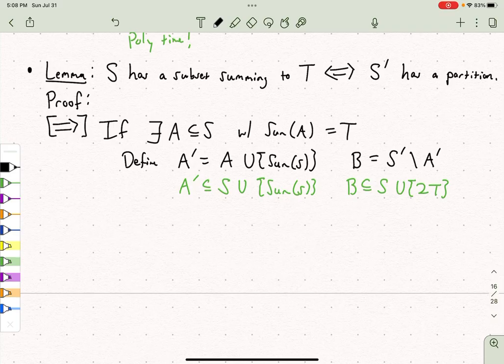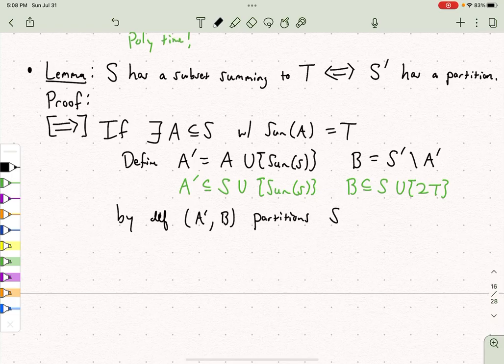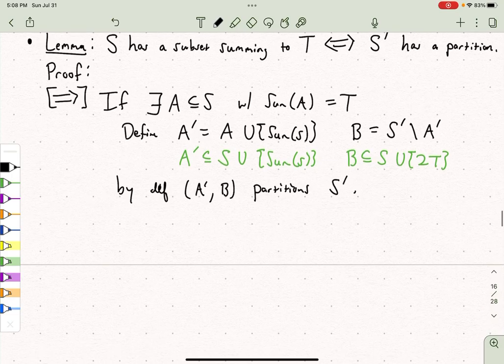Okay, cool. So is this a partition? Well, clearly, because of this definition, it's a partition of the set. So by definition, A prime and B partition S prime. But does it satisfy the sum properties?